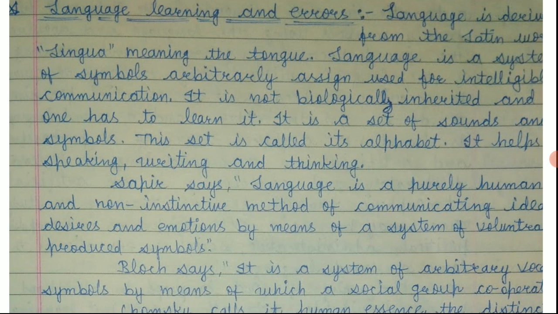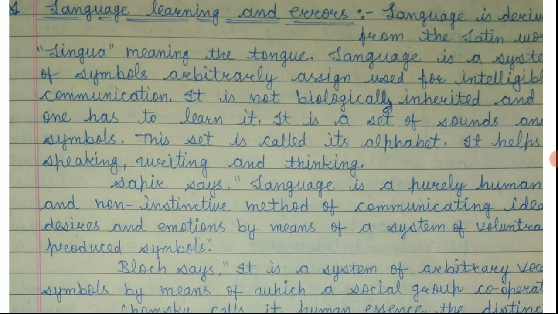Sapir says language is a purely human and non-instinctive method of communicating ideas, desires, and emotions by means of a system of voluntarily produced symbols. Is it clear? Bloch says it is a system of arbitrary vocal symbols by means of which a social group cooperates.